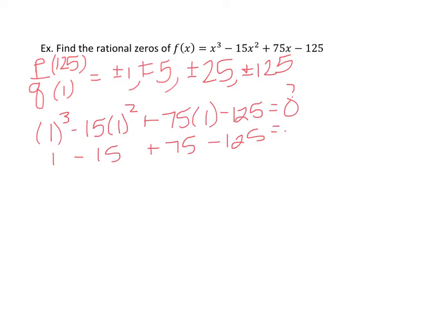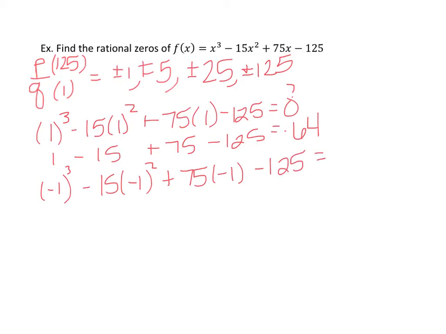Negative 64. So, not going to work. If we try negative 1, does that equal 0? And that will give me negative 1 minus 15 minus 75 minus 125. I don't think that one's going to work either.